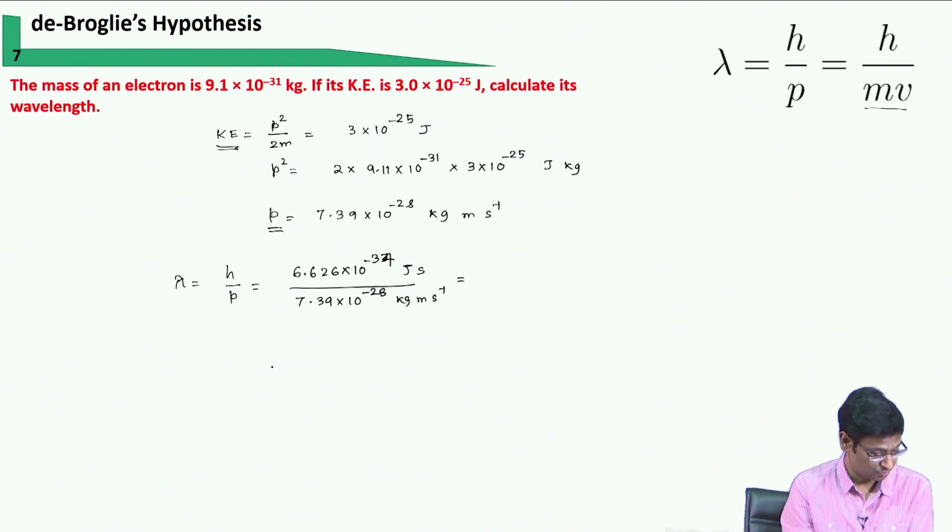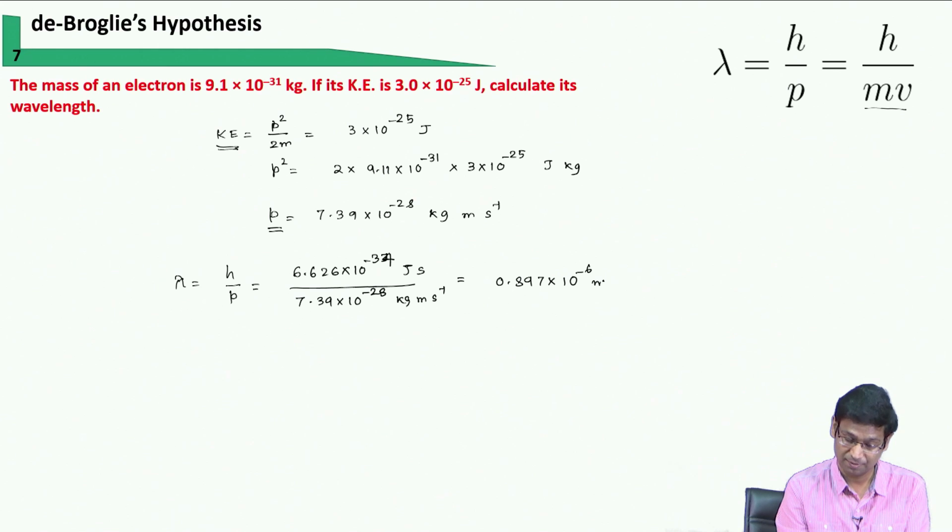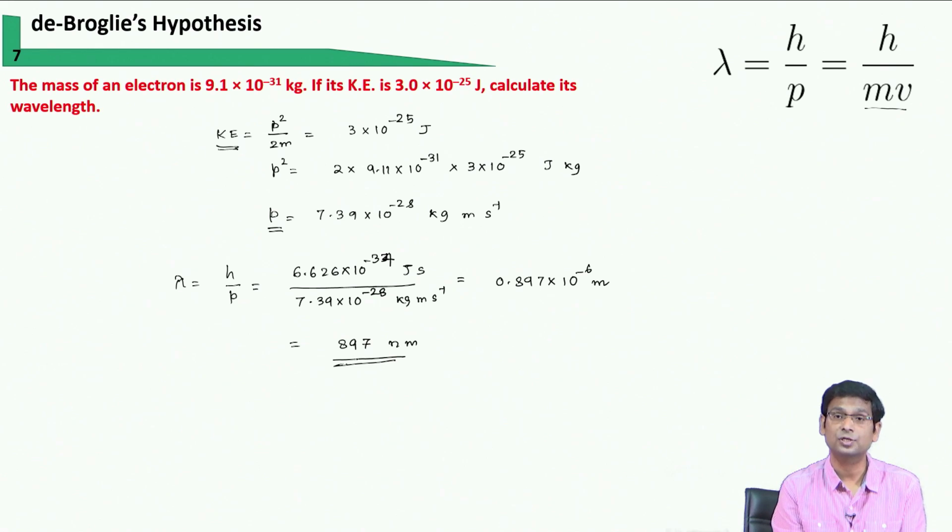When you do this, you would get 0.897 into 10 to the power minus 6 meter, which is about 897 nanometer. So, this is the de Broglie wavelength. That means an electron whose kinetic energy is 3 into 10 to the power minus 25 joules is also a wave, and the corresponding wavelength is 897 nanometer.